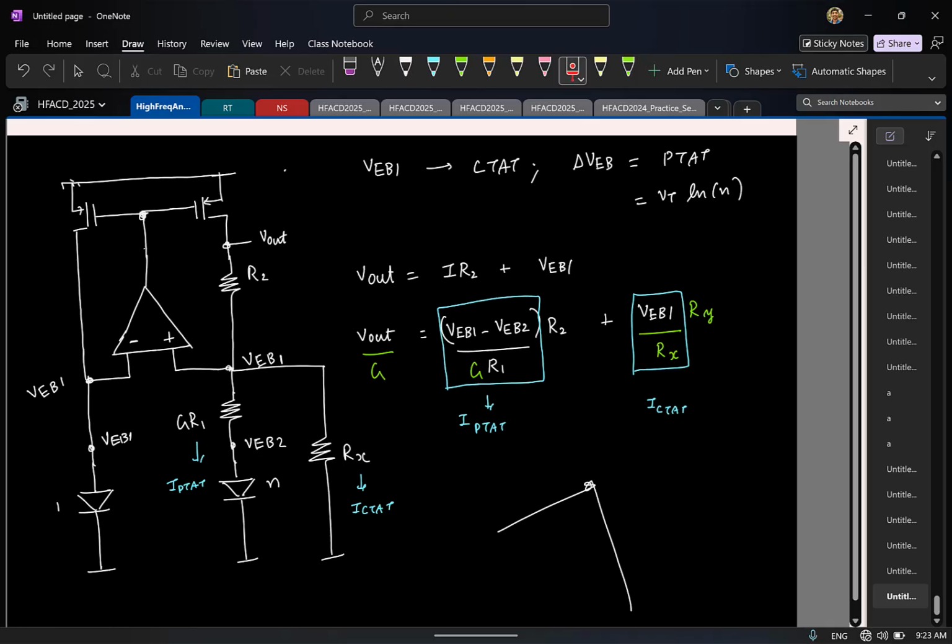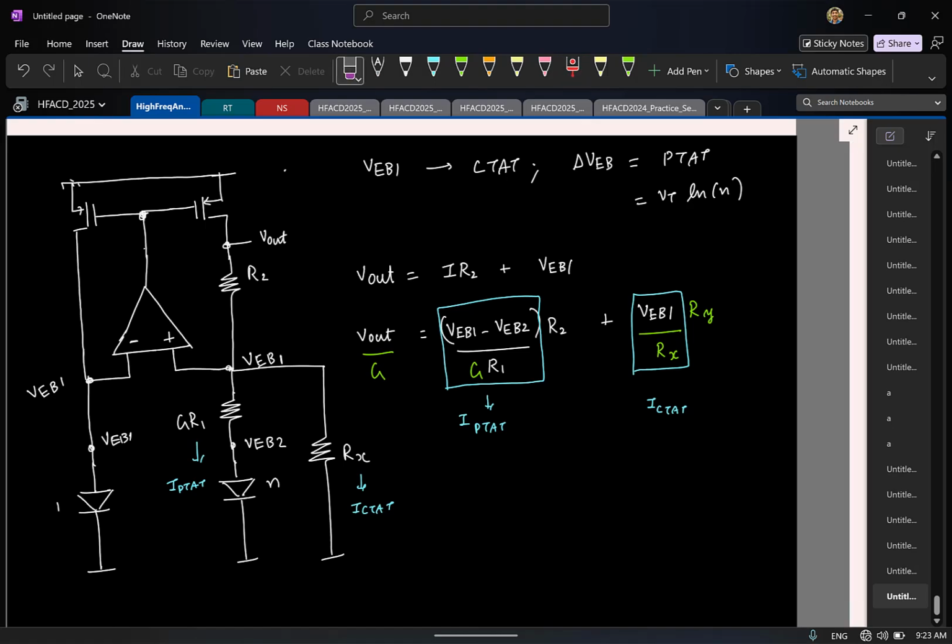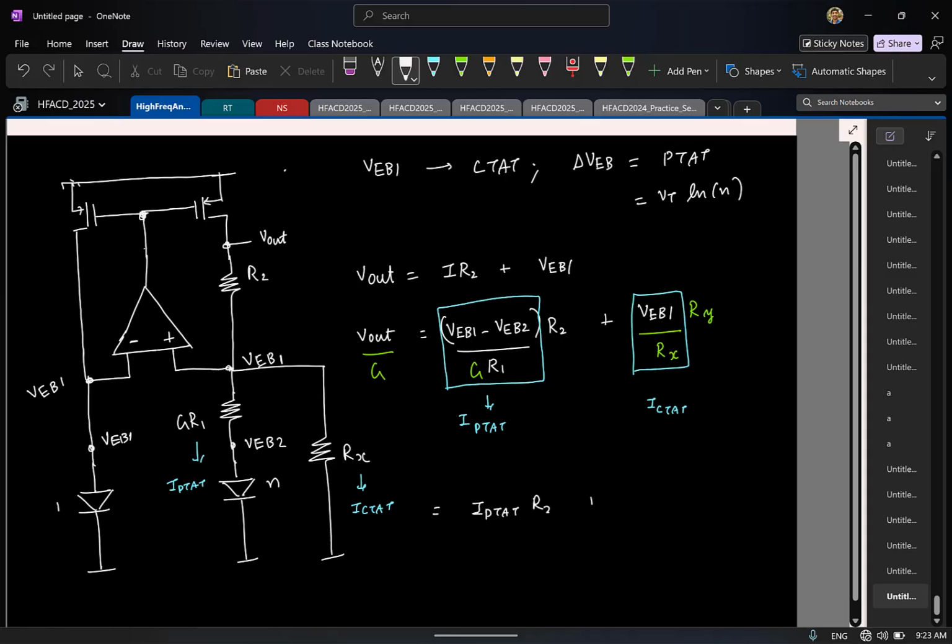So can you suggest something that we can do here so that this can be thought of as adding currents? If I choose Ry to be equal to R2, so let me write it this way. As of now the situation is this: it is IPTAT times R2, ICTAT times Ry. Now the situation seems like I need to add two voltages.